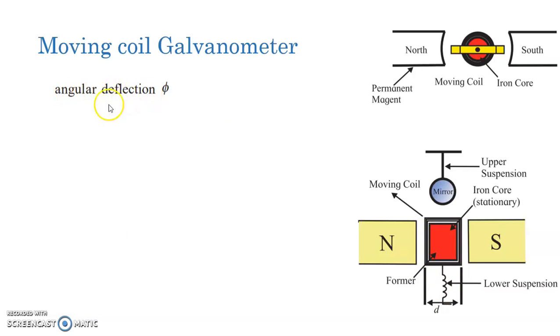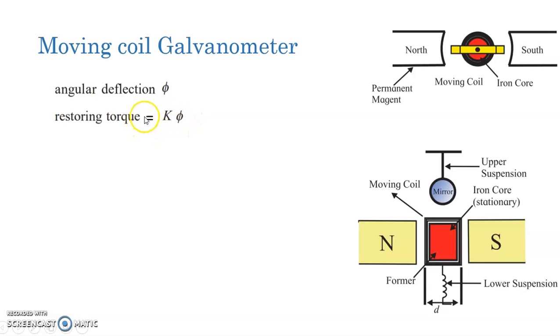If current I produces angular deflection phi in this coil, the larger the current, the larger will be the angular deflection in the coil, and thus larger will be the restoring torque due to this spring. So the restoring torque will be directly proportional to the angular deflection in the coil, that is phi.